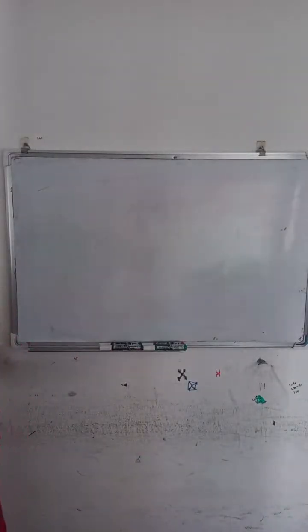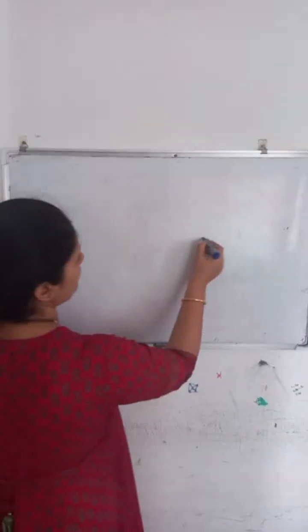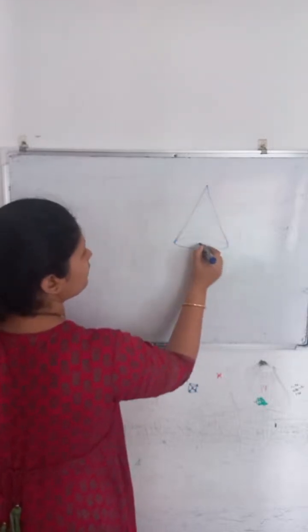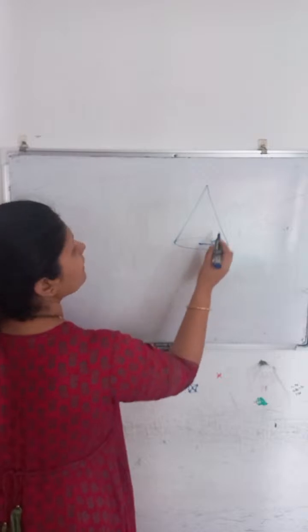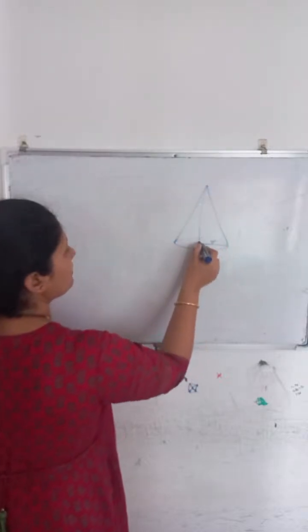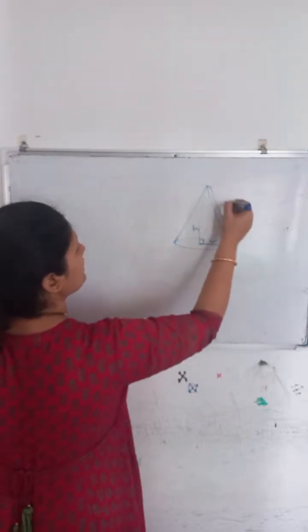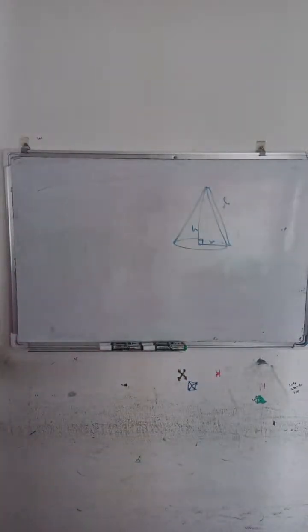If we take a cone with radius r, its perpendicular height is h and the slanting height is L.